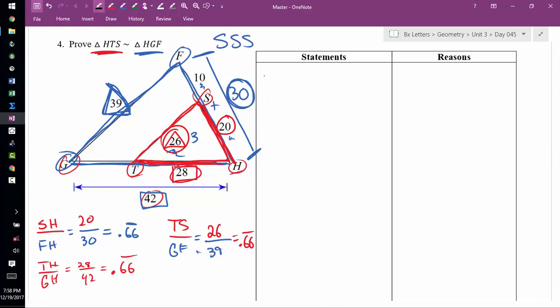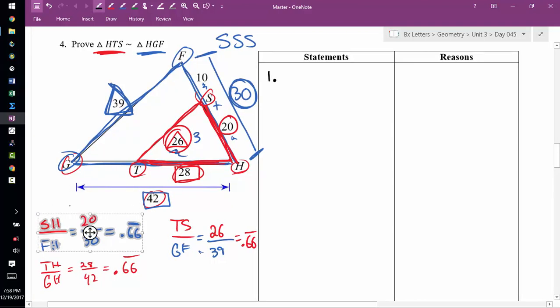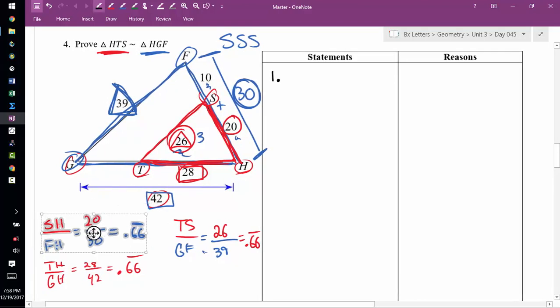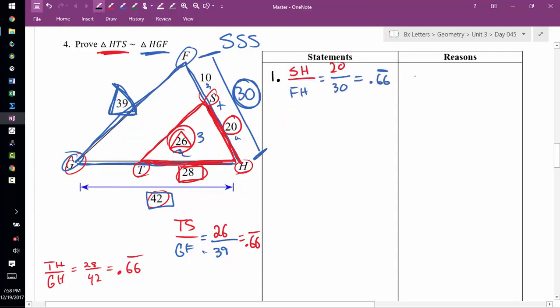So I'm ready to write my similarity proof. I'm going to say this first ratio here. Boom. Ratio of corresponding sides is my reason.